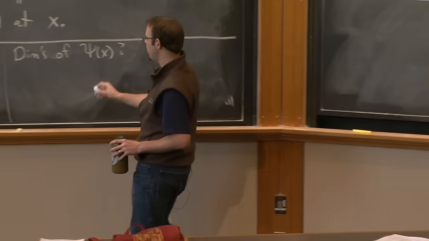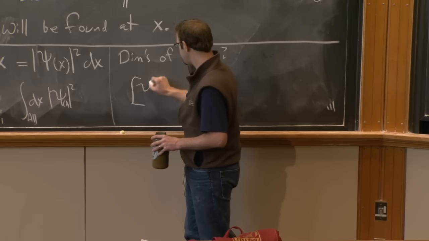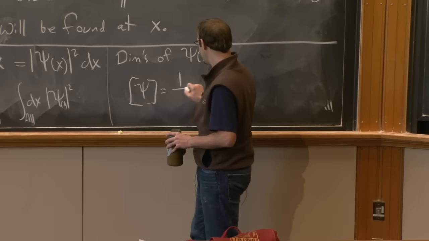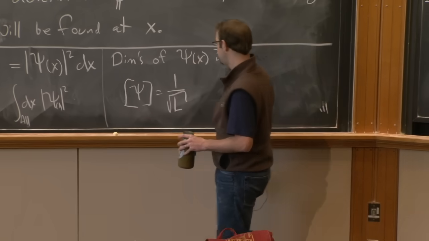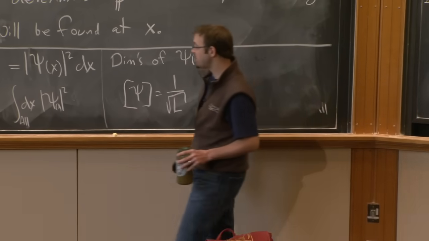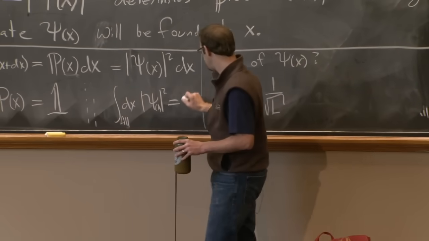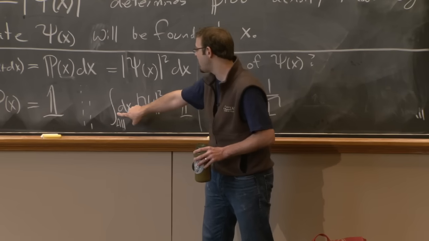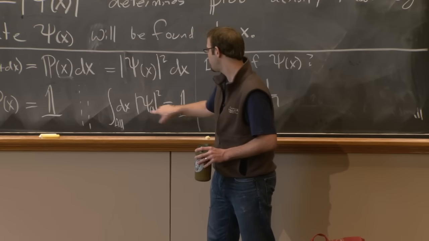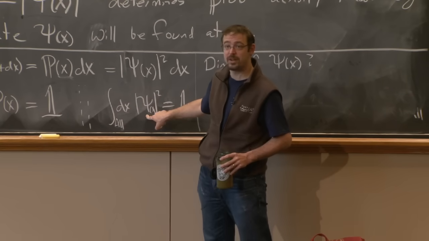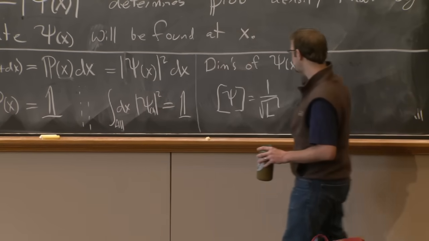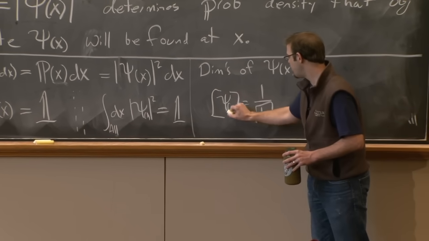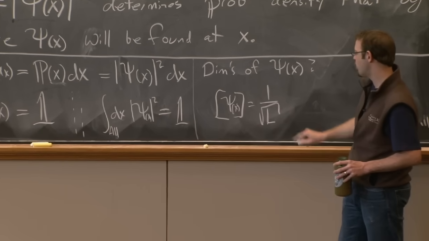Awesome. Yes, it's 1 over root length. The way to see that is that this should be equal to 1. It's a total probability. This is an infinitesimal length, so this has dimensions of length. This has no dimension, so this must have dimensions of 1 over length. And so psi of x itself must have dimensions of 1 over root length.